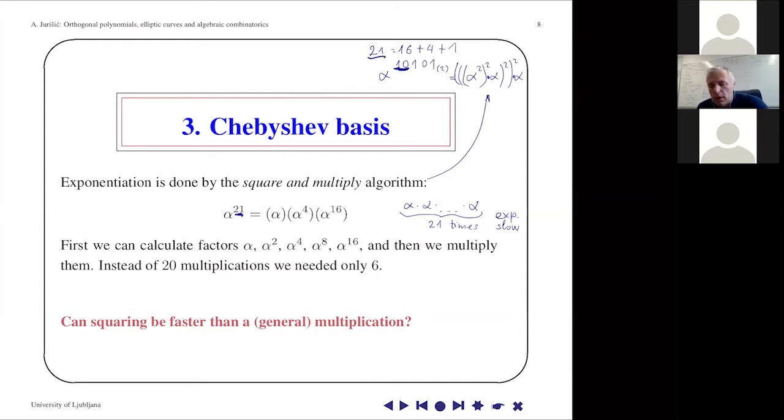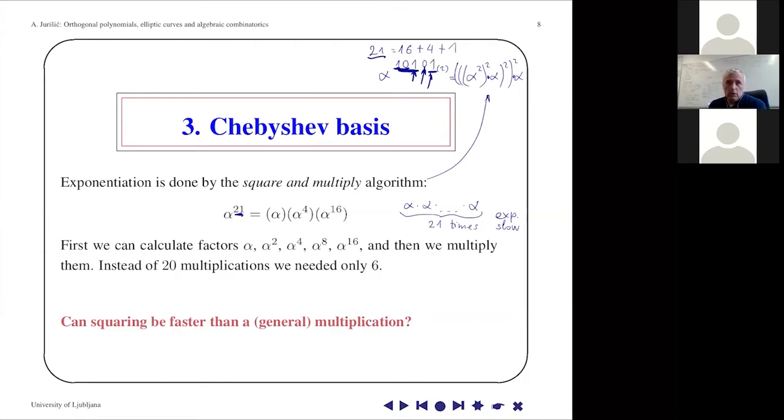I go to the next level, I square again, but because I have 1 here, I also multiply with alpha. Then again, I have to square 2 times because I have here 0, and then I have to multiply for this last one. And yeah, this way I did only 6 multiplications, if the squarings are multiplications, and multiplications with alpha are also multiplications.